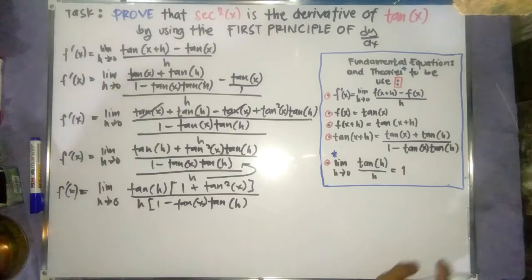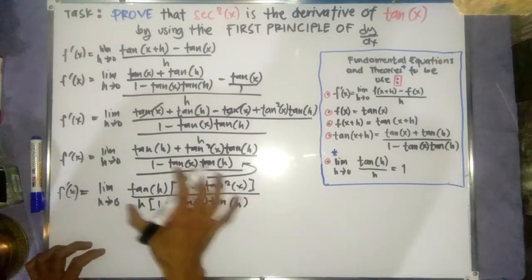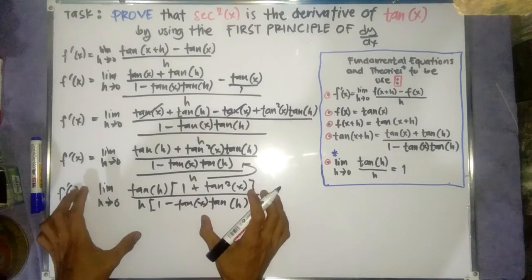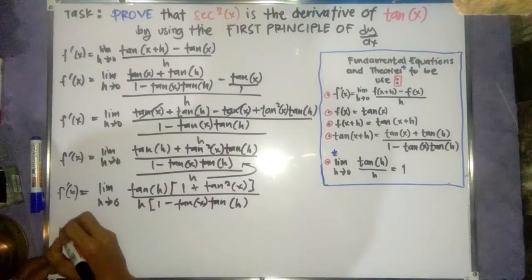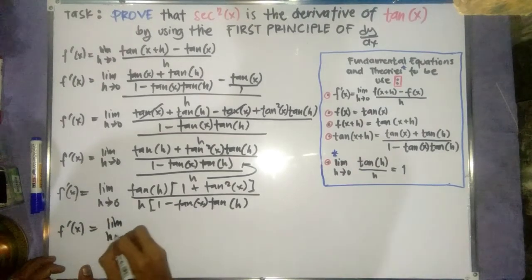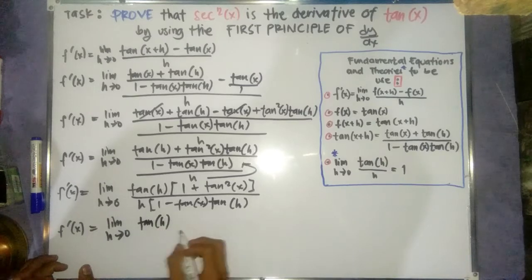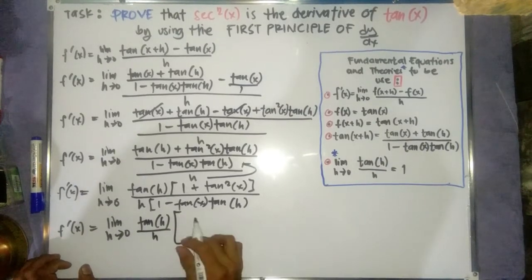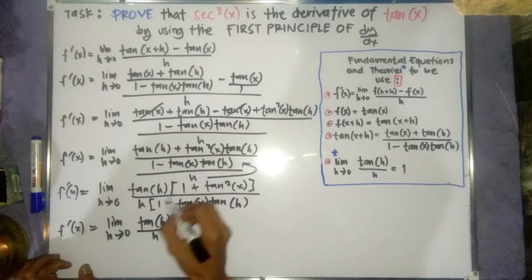Sunod naman natin gagawin is to separate the equation para magamit natin tong theory na to. Okay? So, f prime of x is equal to the limit as h approaches 0 of tangent h divided by h, tsaka multiply siya sa itong quantity na to. Yan na lang matitira.